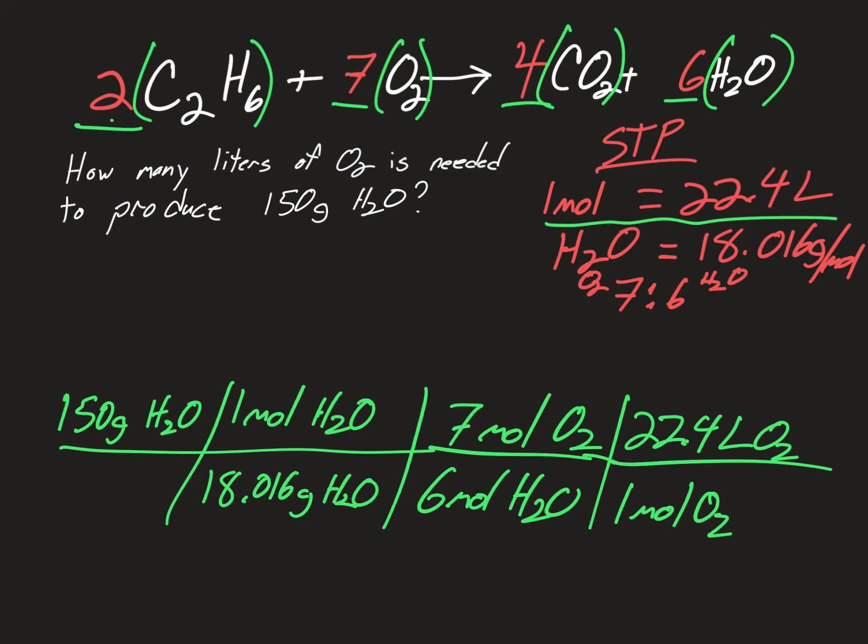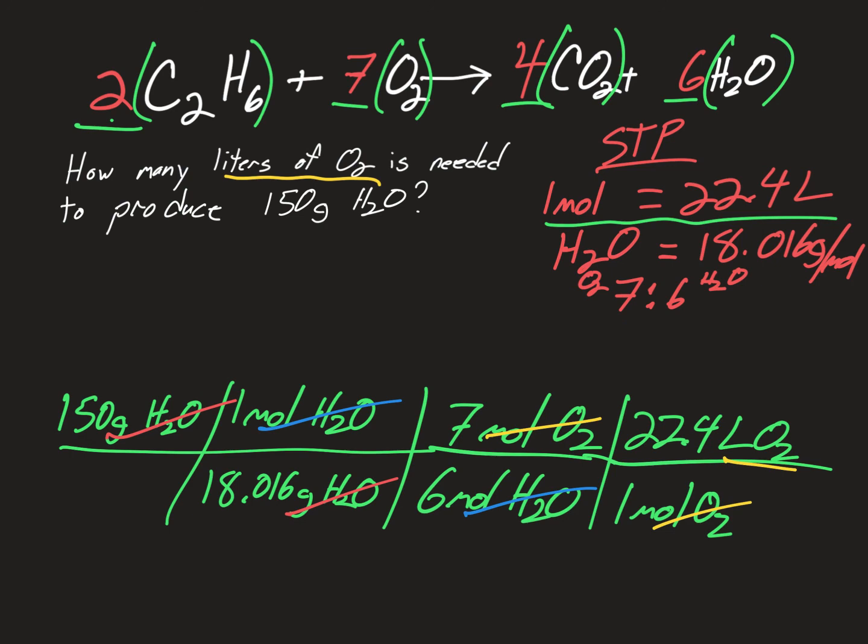And if you look, it'll all cancel out once again. So I have grams of water to grams of water. I then have moles of water, moles of water. I then go from moles of oxygen, moles of oxygen. And I'm left with liters of oxygen, which is what the question is asking for, right?